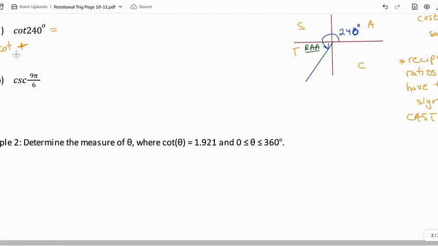Now we need the ratio, the fraction. To do that, we turn to the RAA, the related acute angle. How far is 240 from 180? 60 degrees. So I need my 30-60 triangle.